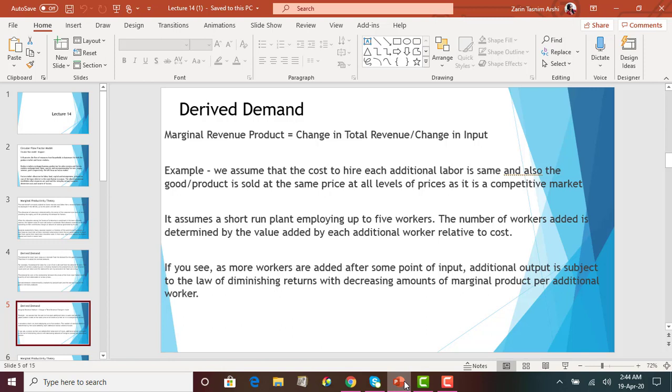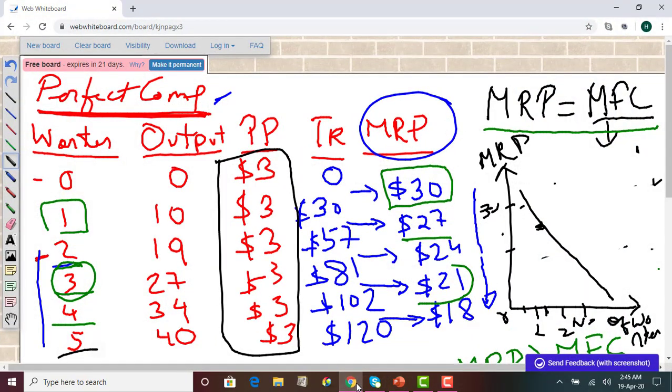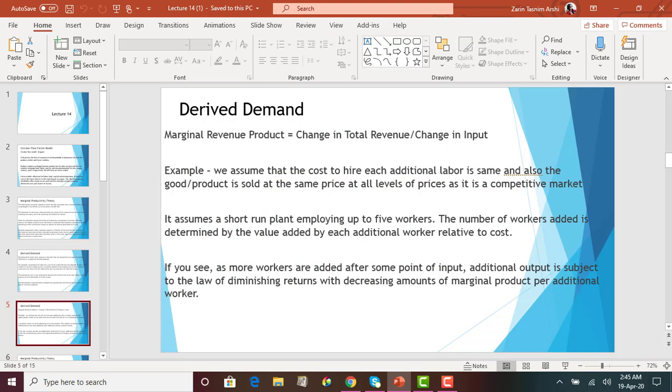Again, in this slide, these are some of the information for the example we just did. We assume that the cost to hire each additional labor is $23 and it will remain the same. It also assumes it's a short run plant, and it will only employ up to 5 workers, and the cost is $23, which remains the same for each additional worker.